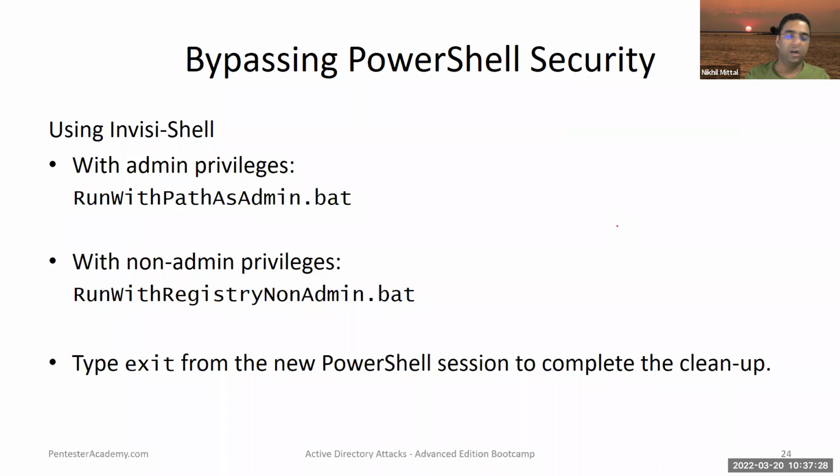All right. How do we use InvisiShell? If you have admin privileges on a machine, you can use this bat file, run with path as admin. If you do not have admin privileges, you can use run with registry non-admin. I always prefer this because this makes temporary changes to HKCU. This makes temporary changes to HKLM.